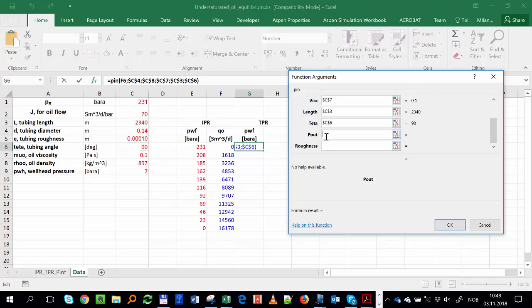P out, the pressure at the discharge of the tubing, wellhead pressure, 7. Let's block it. And the roughness, tubing roughness is here. And then I block it. Okay, and you see the number I'm getting, 212.